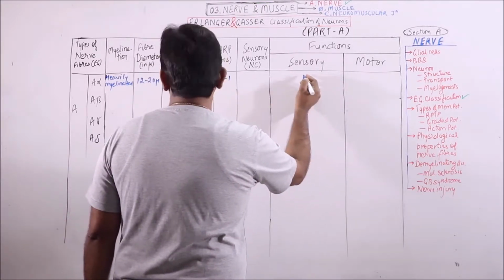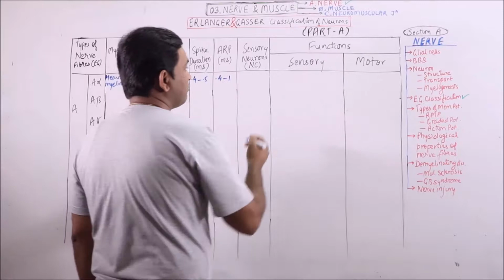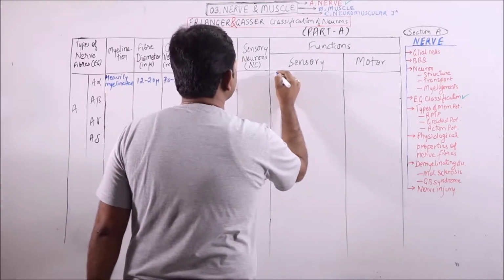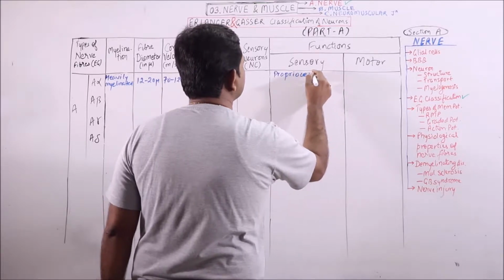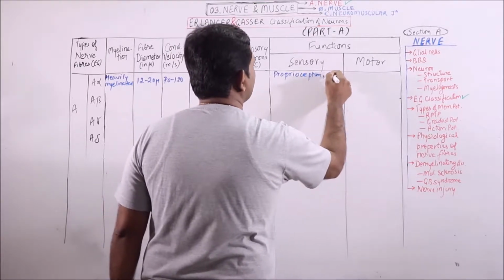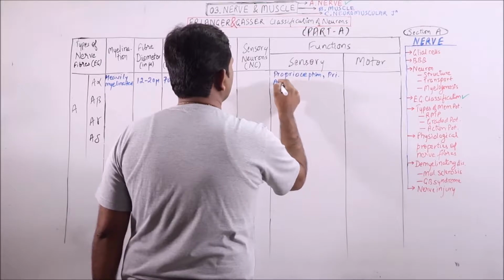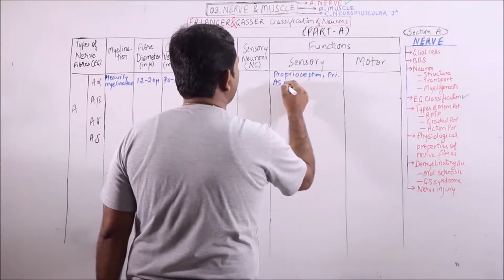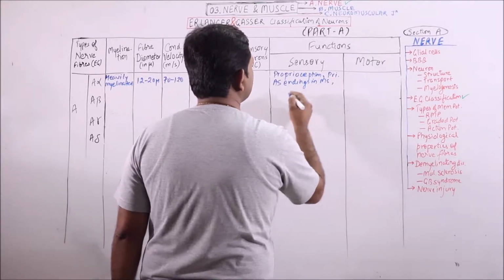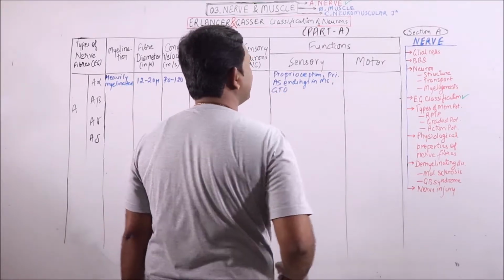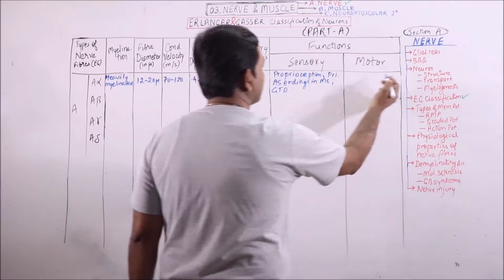Then sensory functions performed by A alpha type of fibers, that is proprioception, primary annulospiral endings in muscle spindle and Golgi tendon organ GTO.